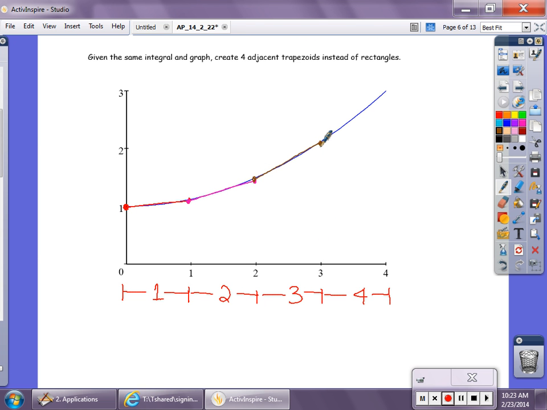And then in light blue, we'll do 3 to 4, connect. And those create each of the trapezoids. There's that one. The brown one was this guy. The pink one was this guy. And then the first one was our red one.